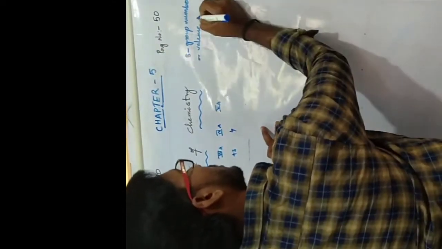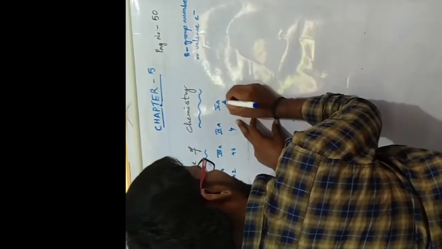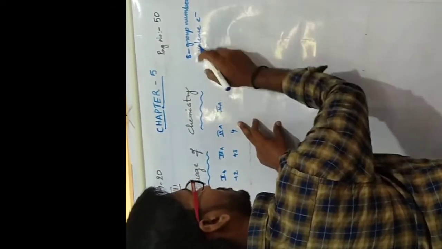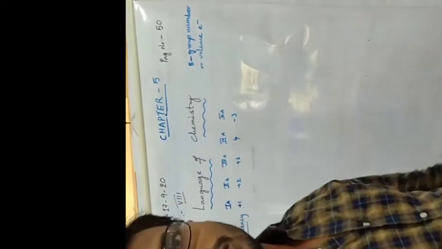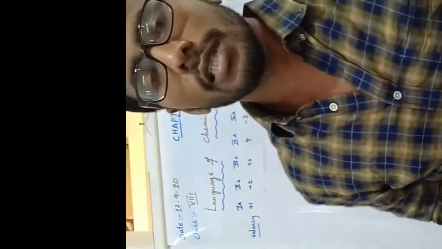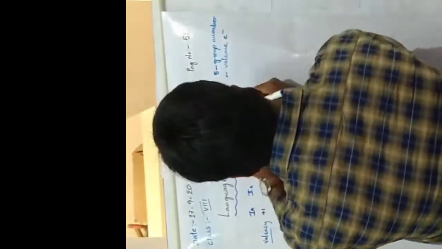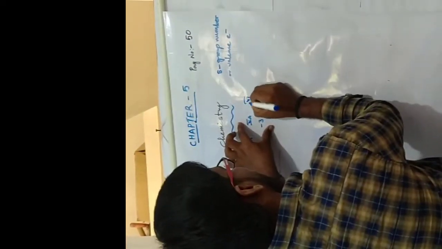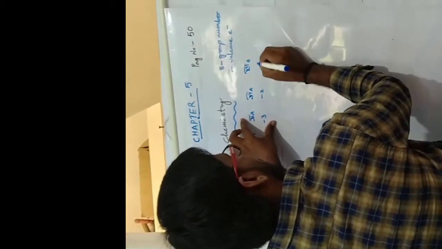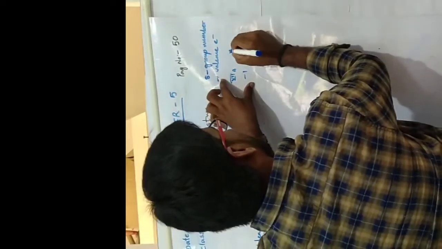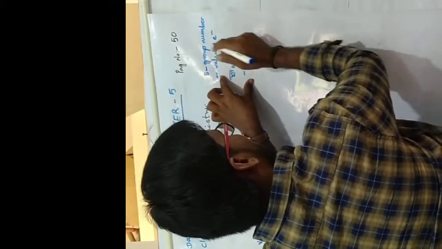So for the 5th A group, 8 minus 5 is 3, so minus 3 charge. Non-metals are present as negative charge; they gain electrons. Next, 6th A group elements: -2. 7th A group: -1. 8th A group elements: 8 minus 8 is 0.